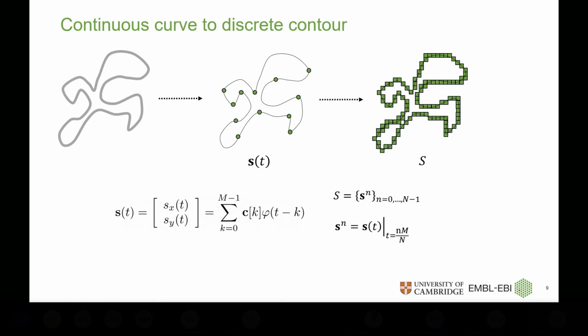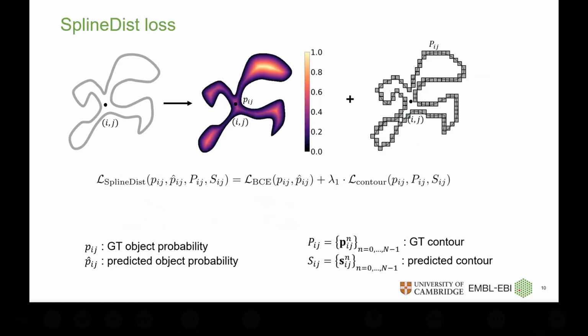So having the loss on the control points or the continuous representation doesn't make much sense, because there would be multiple solutions for the same shape. So in the loss, instead of directly considering the continuous representation that we get out of the network, we generate the discrete representation out of it.